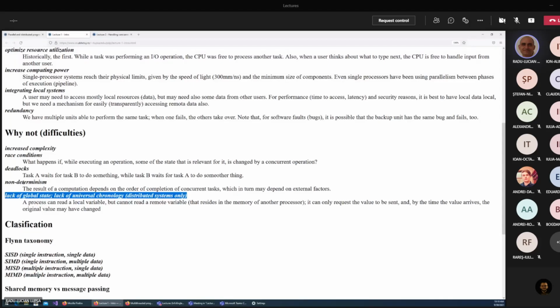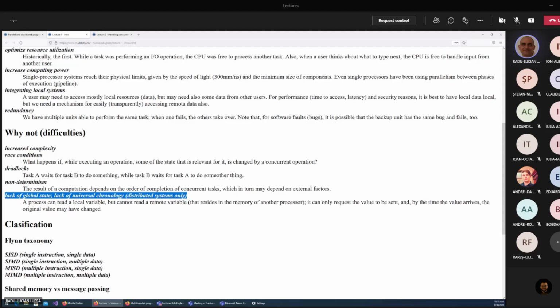And now a bit of classification of the systems. I'll go very shortly about that. Flynn's taxonomy regarding parallelism. You may have a single flow of instructions or multiple flows of instructions, and single processing of the data or multiple processing of the data.